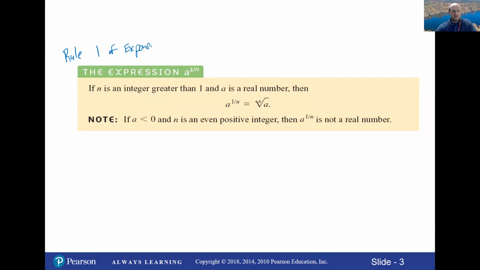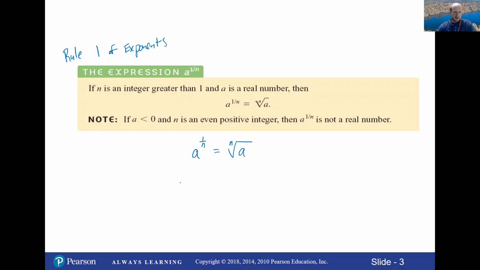The first one says that if I have a number and the root here is a fraction, I can put that in radical form by putting the denominator of the fraction as the root of the radical, and then the other number a on the inside here, if I'm using a and n. This would be like a to the first, but I'm not going to write a 1 there. So that's basically how that works.